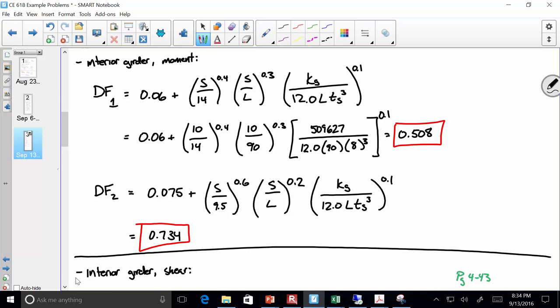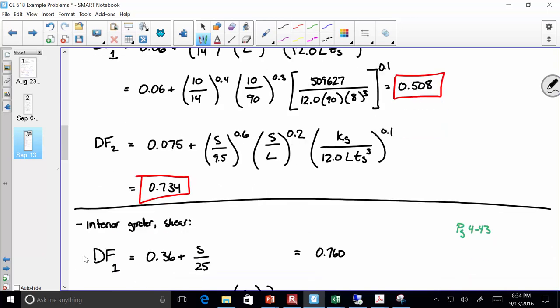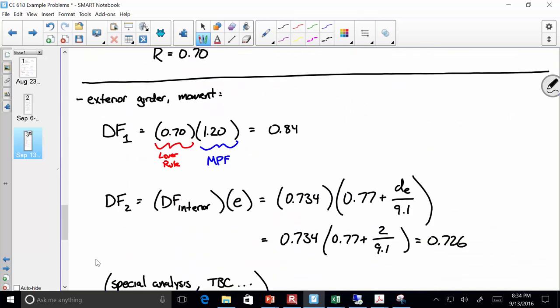And then it's going to affect exterior girders, this 0.726 here, because I'm taking an interior girder and modifying. That's it. Everything else is the same. Make sense? Now, we still have special analysis to do, which I'm going to wait until next week to do. It's not hard, but I don't want to information overload you tonight.